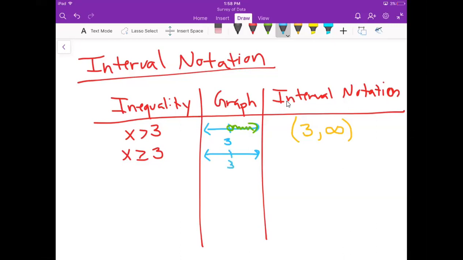So again, I have it here at 3, but this time I'm going to put a closed circle at 3 because I'm greater than or equal to 3 for this inequality. That means I put a bracket. A bracket means I can be 3. I put a bracket with 3 and it goes on to infinity in the positive direction.